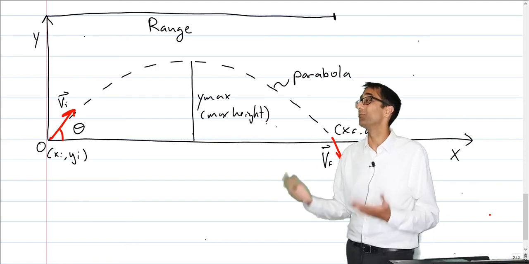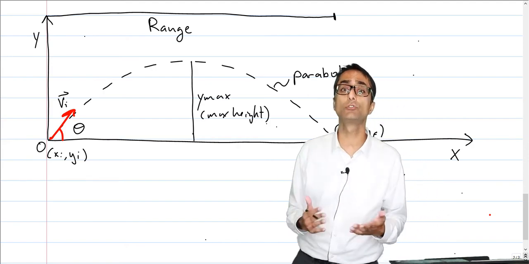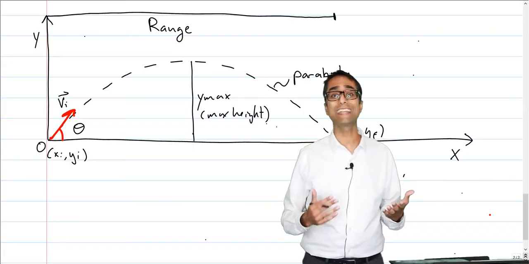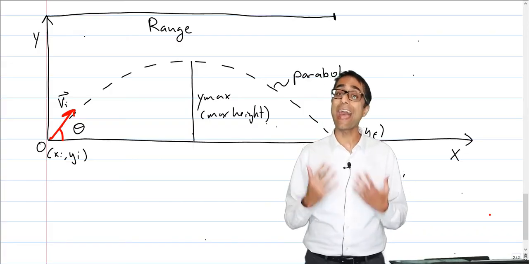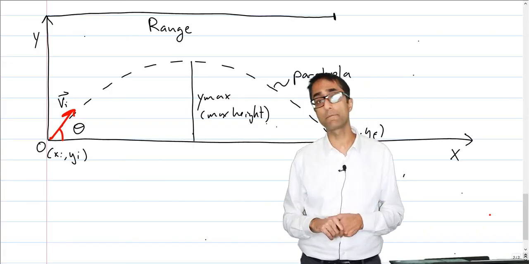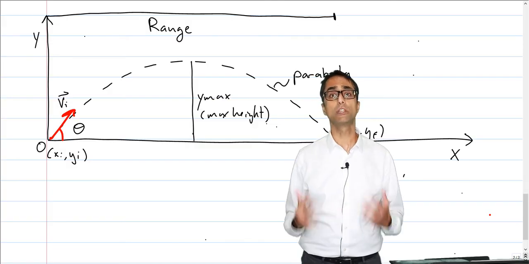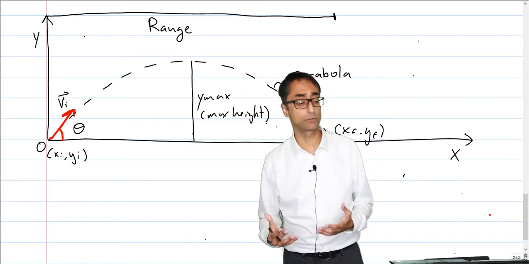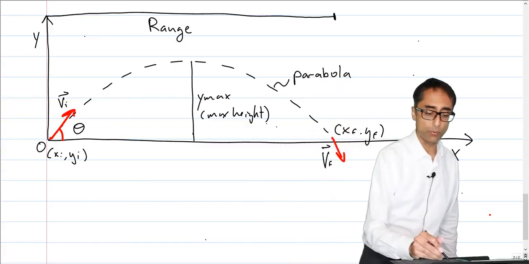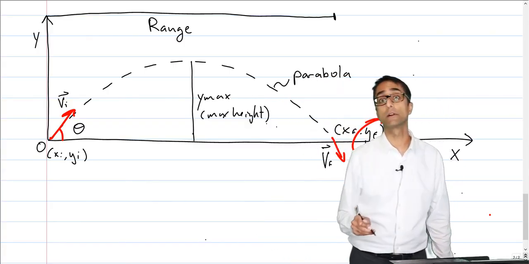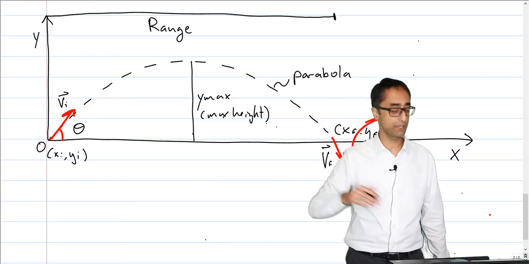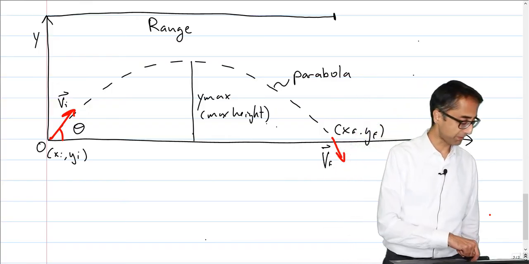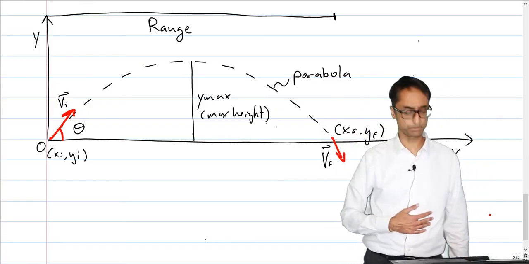But again, range is a term that's only used when you are launching and landing at the same height. And so it doesn't actually have much use for us because we want to learn very general values. And so we don't care about range. What we care about is y final. In this case, y final is equal to range, but in many other more complicated problems, it will not be.